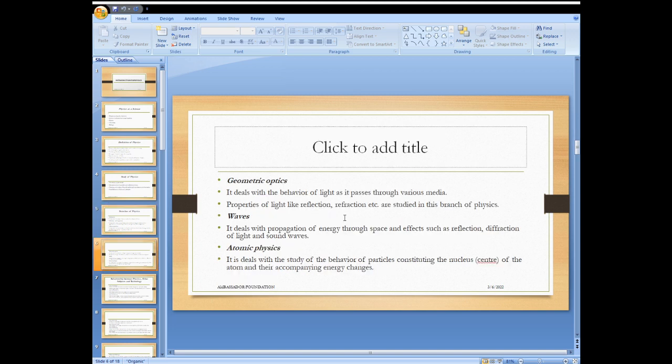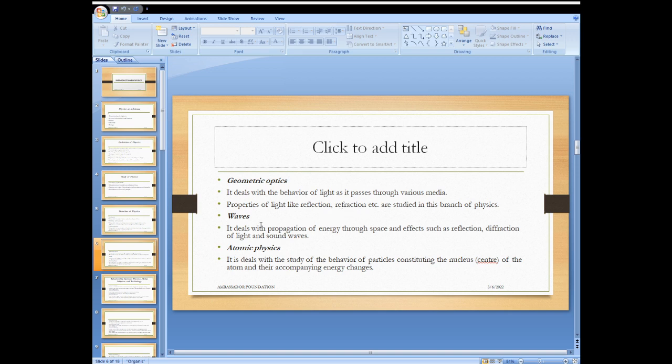So geometric optics is knowledge about light. It deals with the behavior of light as it passes through various media. We also study the properties of light, like reflection, refraction, diffraction, and many others that we will check on.